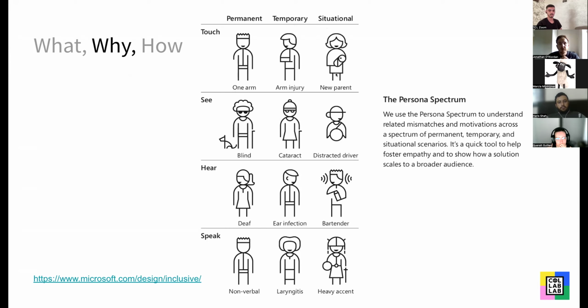For example, a pregnant woman can't use both of her hands. The point of this is that at one point or another in your life you will have some kind of these disabilities. So it makes sense to make the web accessible for everyone.